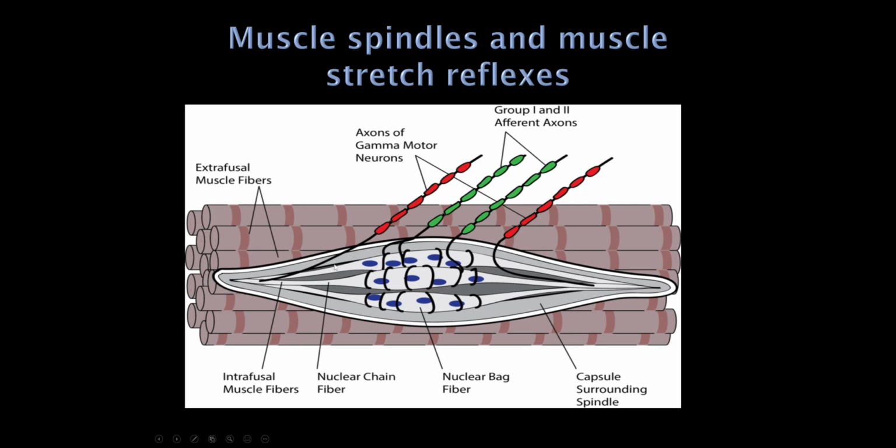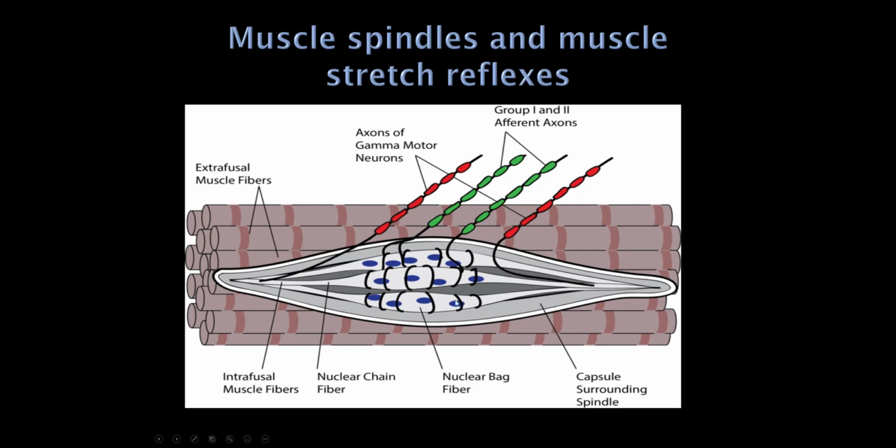Okay, these are contractile elements here, but these aren't responsible for moving the muscle and giving us strength. Rather, in these intrafusal fibers, we can see there are nuclear bag and nuclear chain fibers. And there are two types of nuclear bag fibers, but the ones you need to know about are these nuclear bag dynamic fibers.